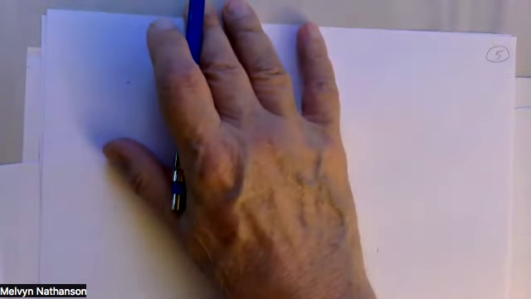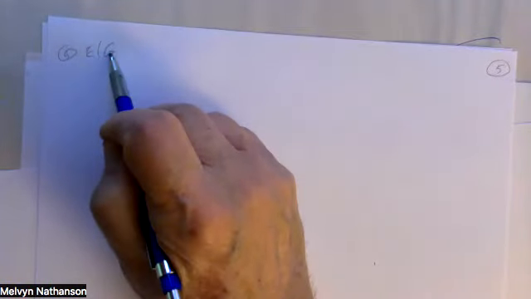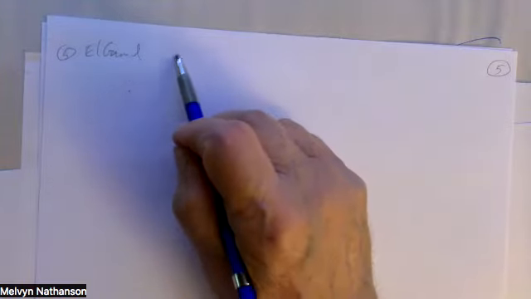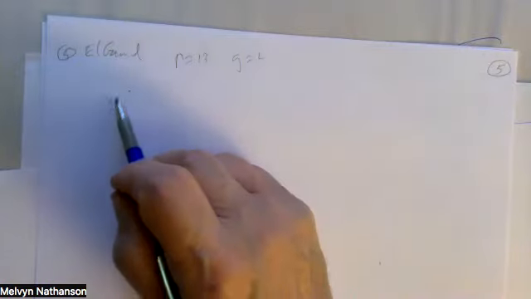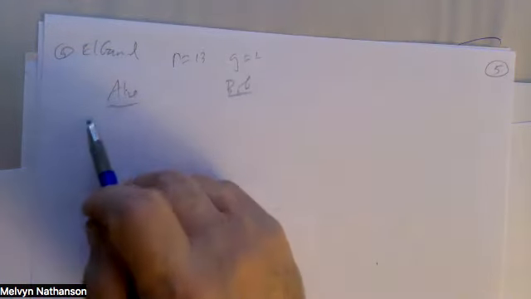In problem 5, it's the El Gamal crypto system with the same prime 13 and the same primitive root 2. So here's Alice, and here's Bob, and Alice's secret key is 4.